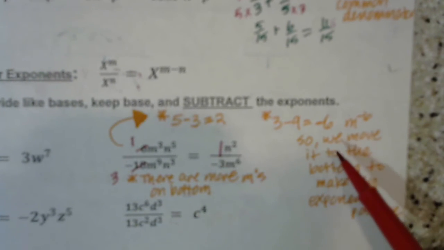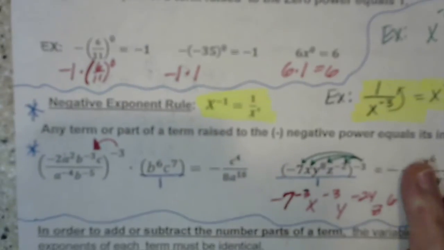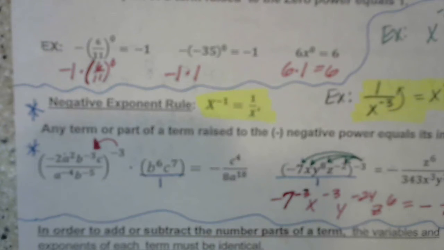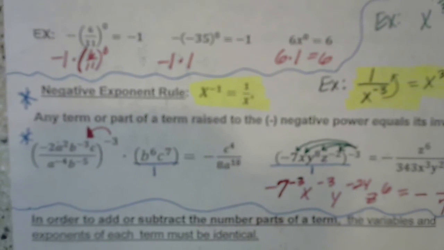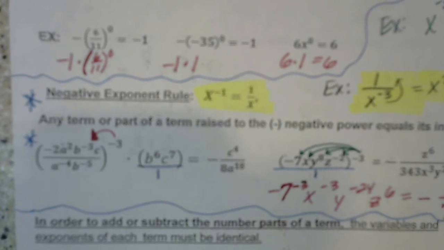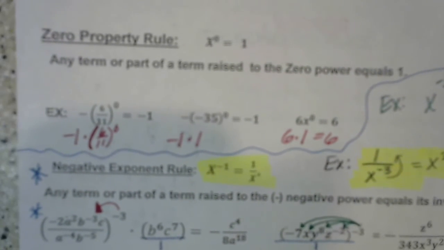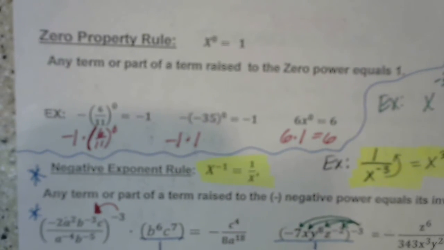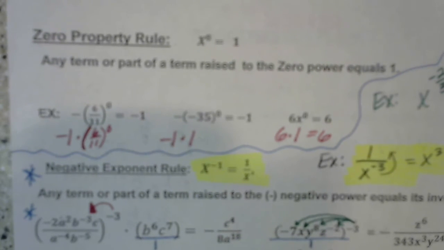So what's up with this negative exponent thing? All right, well, let's turn this over. There's a reason why I have the squiggly blue lines. This is the primary rule you need to review for Chapter 10. You don't do a lot of zero property in Chapter 10, so you can kind of ignore that, but it is there for you.